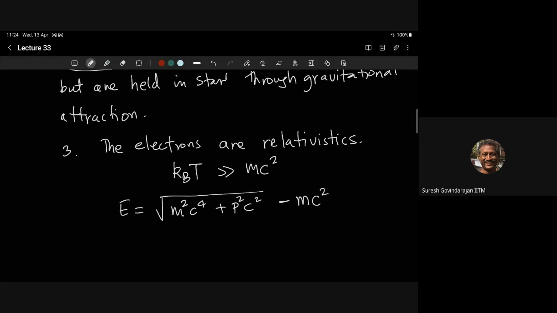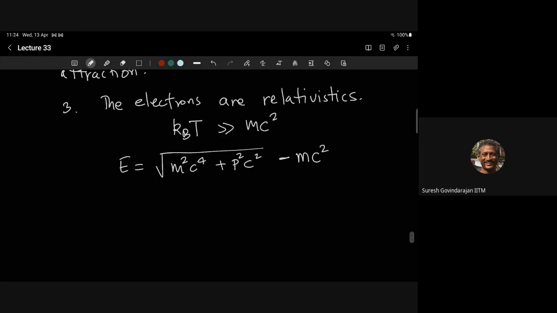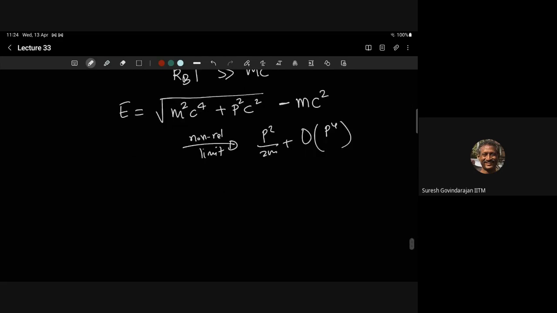Of course, we have checked that in the non-relativistic limit this goes to p²/2m plus order p⁴. But we cannot make this approximation. We have to use this full formula. Is this point clear?